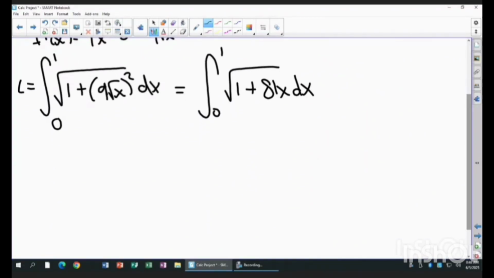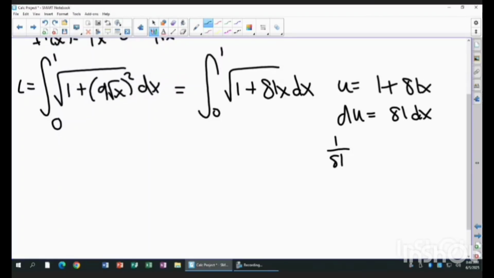It will be very helpful to know u-substitution very well, because length of curves uses it all the time. So we're going to do it here. We're going to have u equal 1 plus 81x. Our du will be 81 dx, taking away the 1 because there's no equal equation.